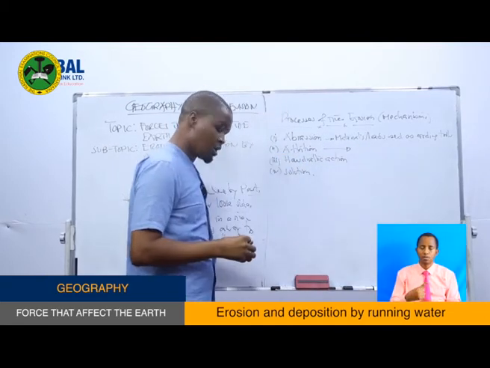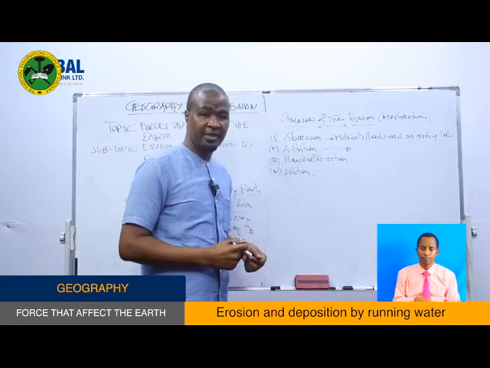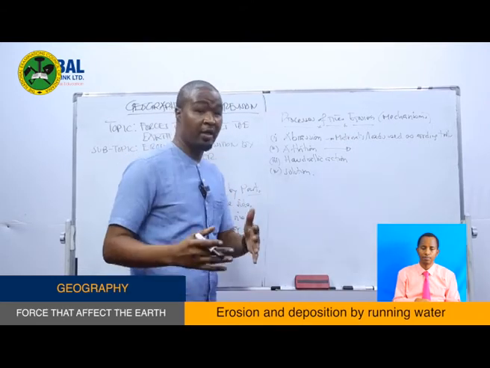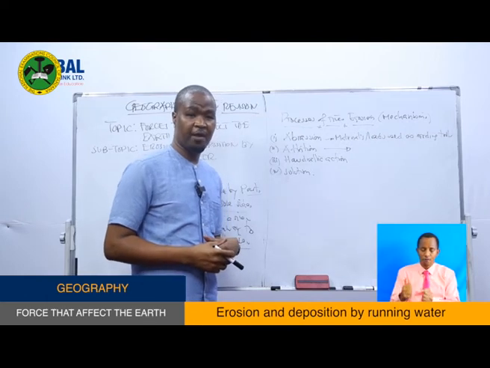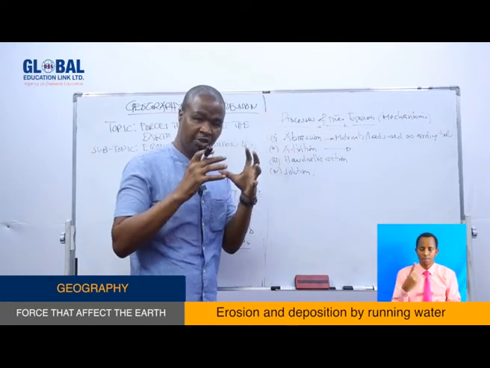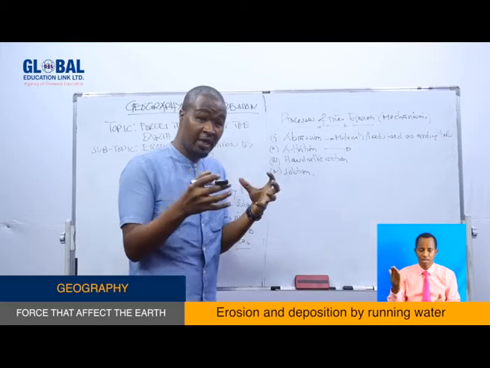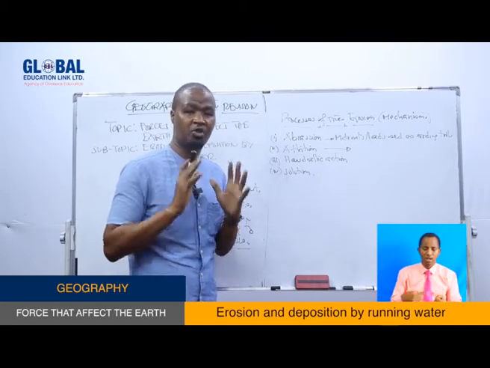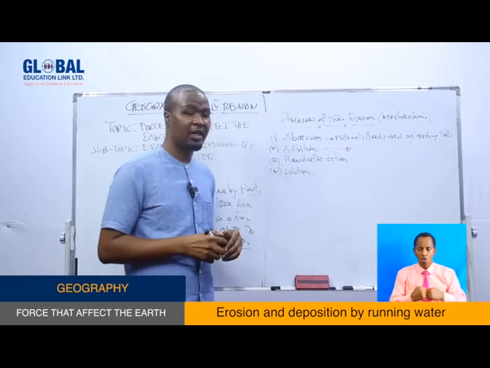Then we have attrition. Attrition, we said, refers to the wear and tear suffered by the transported material as they flow from one point to another point of the river valley. Are you with me? It means the material transported by the river may collide with each other or against the river sides and split into pieces, and we call it attrition.